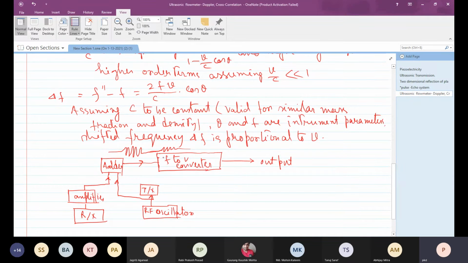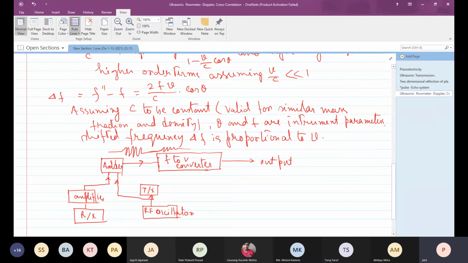Nevertheless, the frequency will be detected, and that frequency is converted to voltage. So the voltage value will be proportional to frequency. If our frequency detector is good, then this amplitude variation should not affect it.